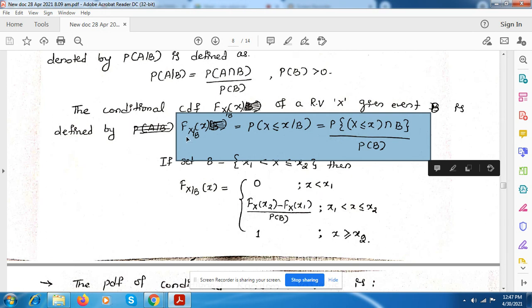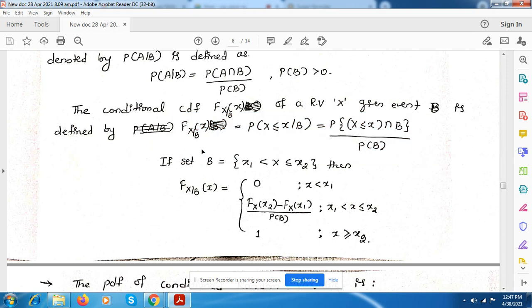The conditional CDF Fx given B of x, that is probability of X less than or equal to x given B. Here it is probability of X less than or equal to x, the A value is this, intersection B, divided by the probability of B. Here the set B is the value where X lies between x1 and x2.